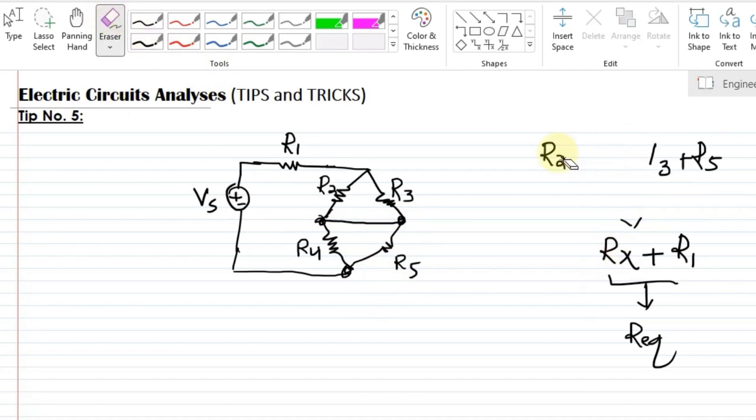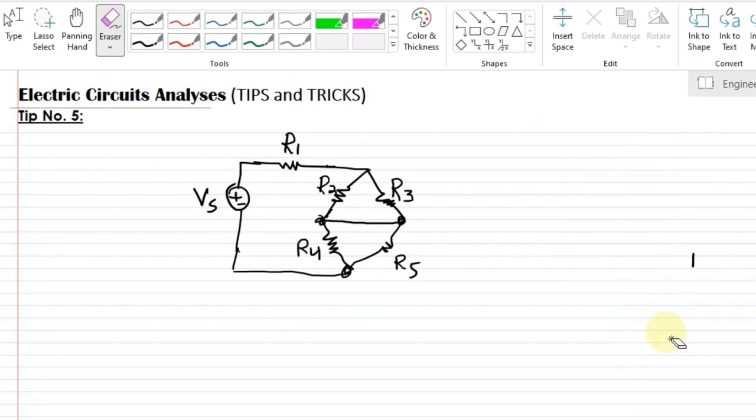Now you can see that we have two circuits in delta configuration here, the upper delta and the lower delta, and these two circuits can be represented like here and here, and at the end these resistors can be represented like this, with the other two resistors here, and finding the equivalent resistance will be easier here.